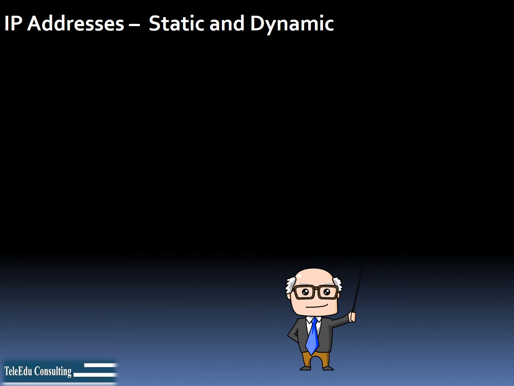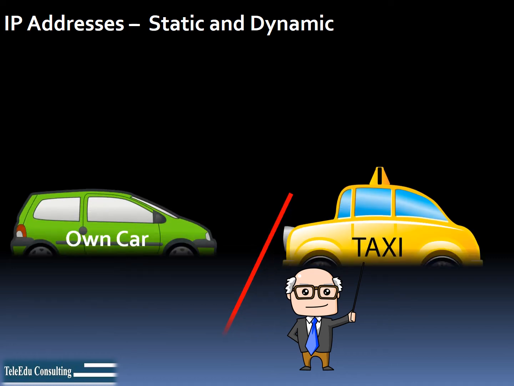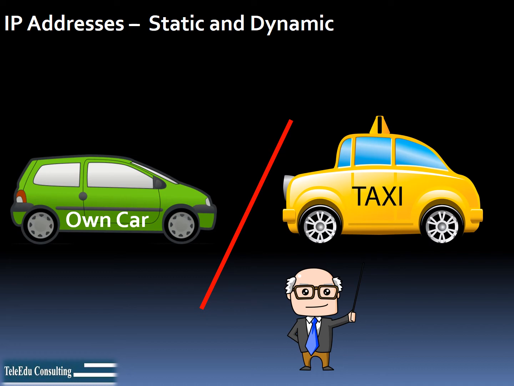There are 2 types of IP addresses, namely static and dynamic. Let me take an example of travel by car to explain the concept in a simple manner. If we have to travel by car, we have 2 options. Either use our own car or use the taxi service. If we use our own car, the type of the car remains fixed.